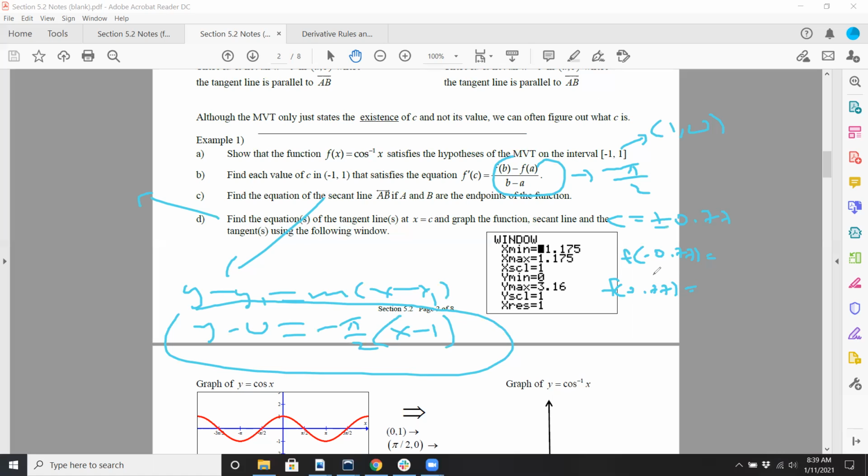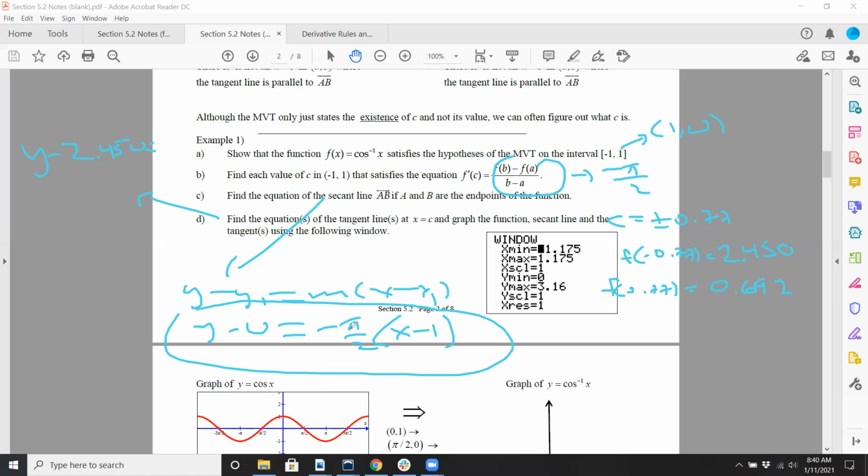So f of negative 0.77 is going to be 2.45, and f of 0.77 is going to be 0.69. Actually, you probably should do 3 decimal places. So I'll say 2.450 and 0.692. So tangent lines will be y minus 2.450.